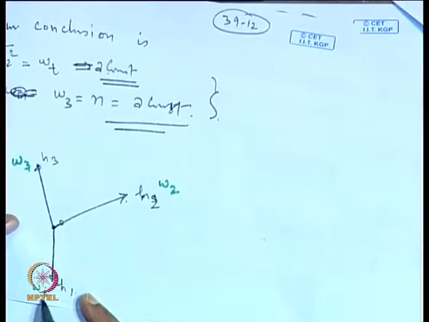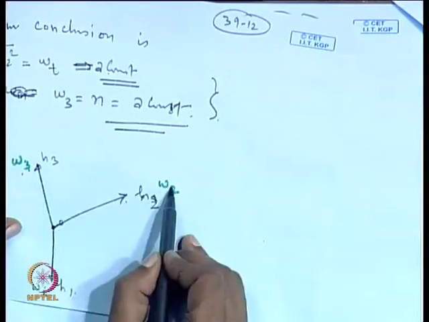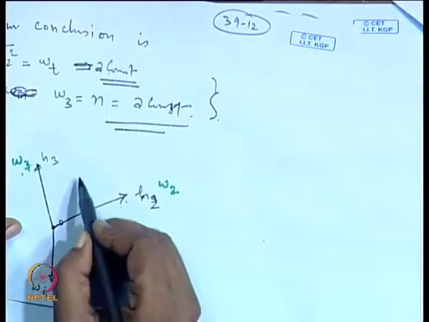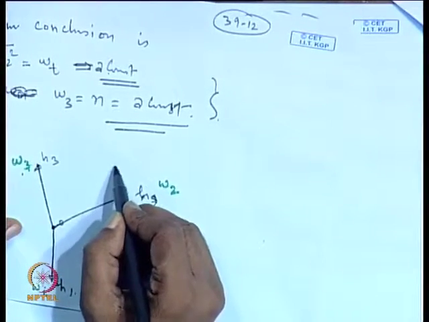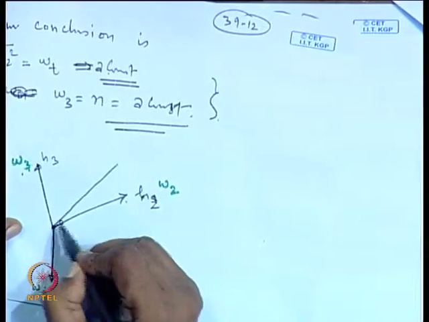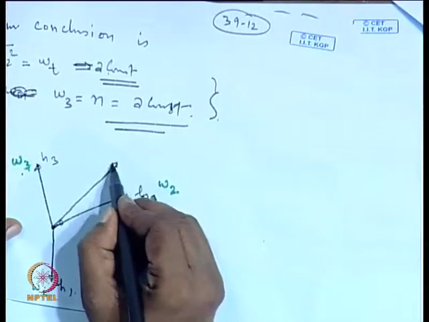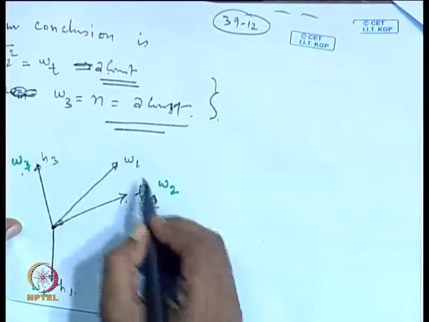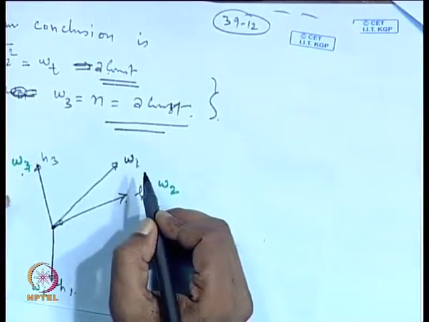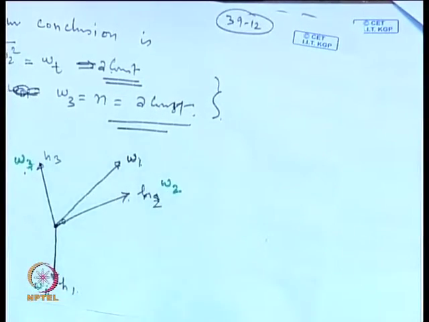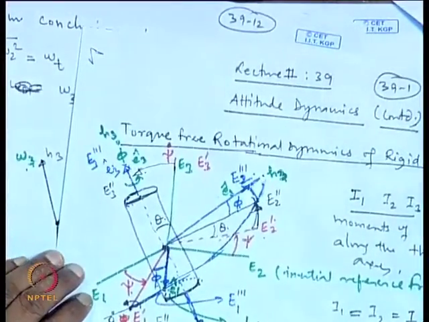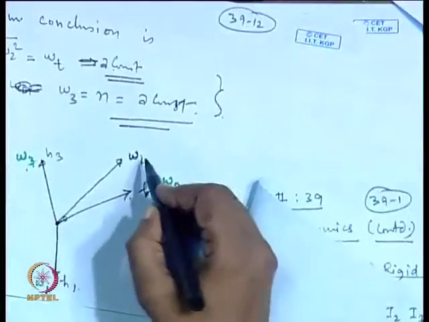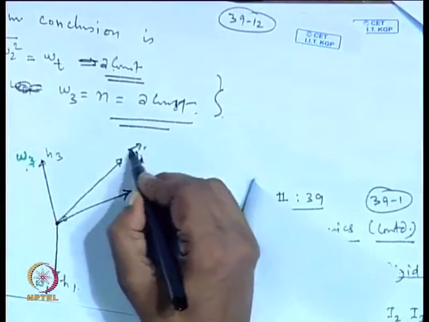So, the vector composed by these components omega 1, omega 2 and omega 3, it will give you some vector, let us say, which is being indicated as this, not omega 1, this is omega, this is your vector.